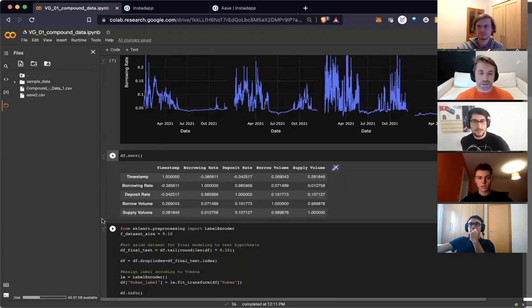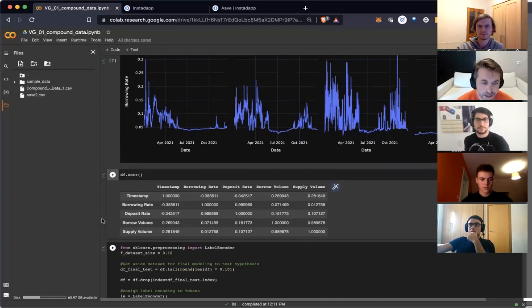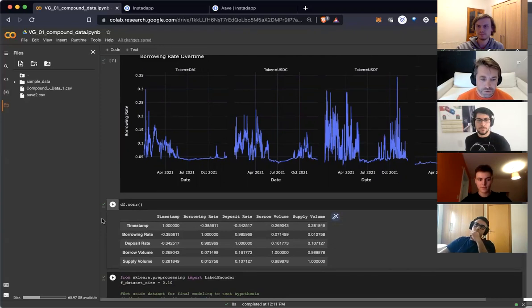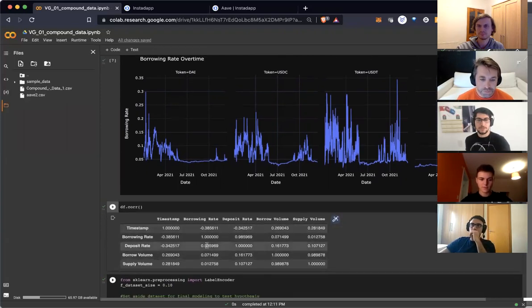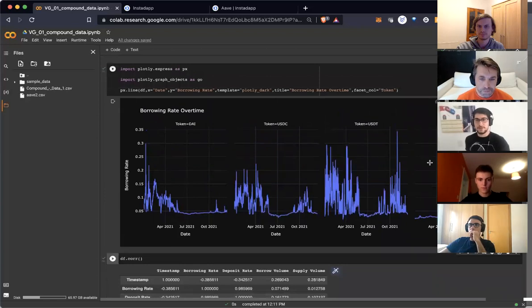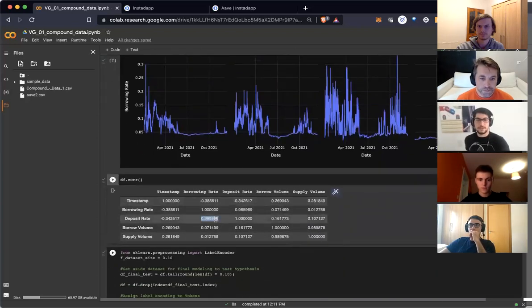So then, this is the first time I've looked at this. Just a quick question. These are the deposit and borrowing rates for the same token, for example USDC, or is this just the protocol in general? This would be the protocol. This would be regarding these 4 tokens, and then taking the entire correlation of all of the different borrowing rates.